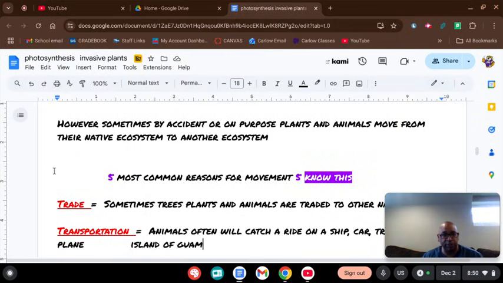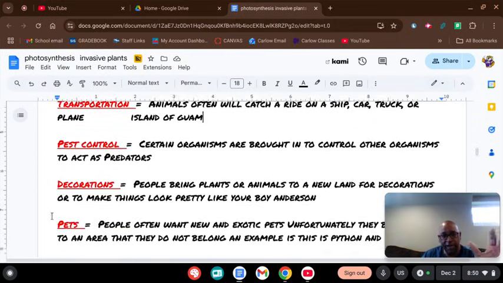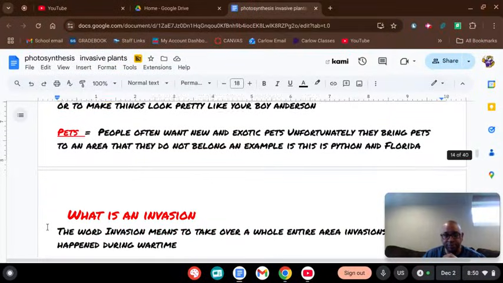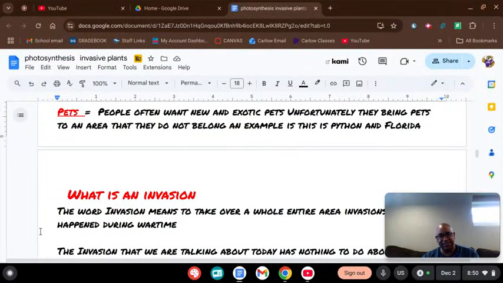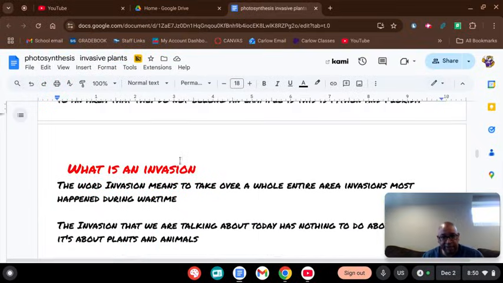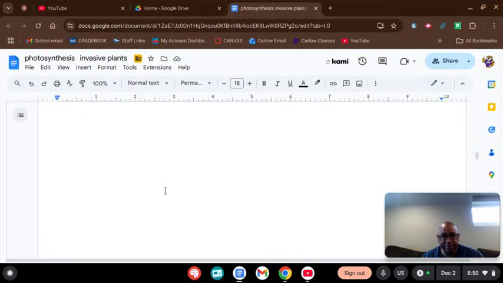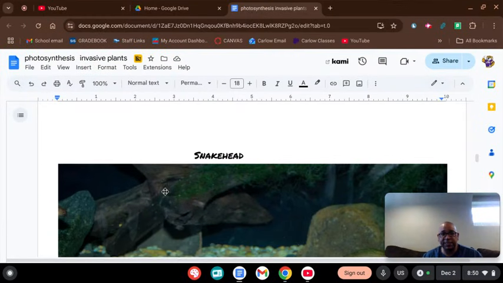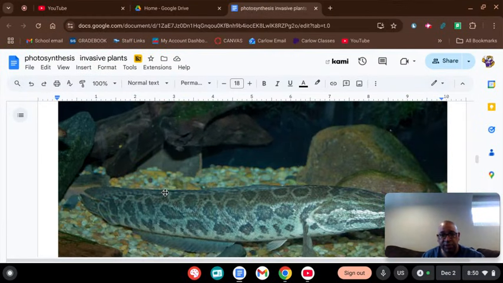Now, later this week, we're going to be looking at examples of invasive species that you can find in Southwest Pennsylvania and also the United States. One that we have to worry about in Southwest Pennsylvania is actually, I have a picture of it coming up right here, a snakehead. We're going to talk about this one in depth.